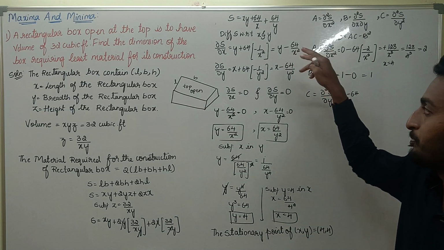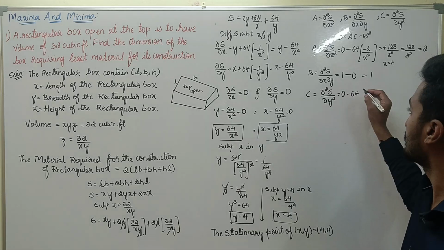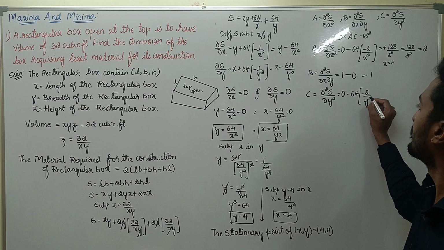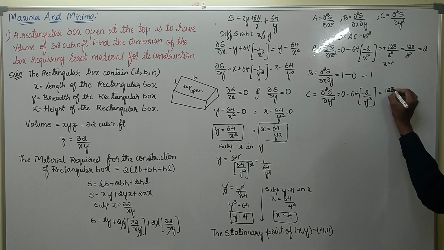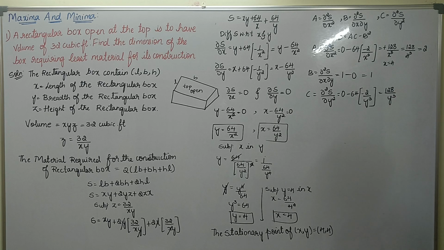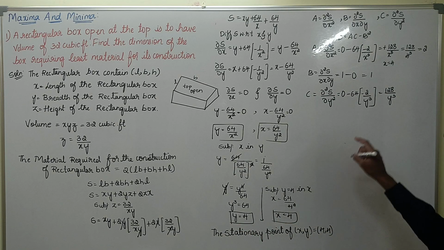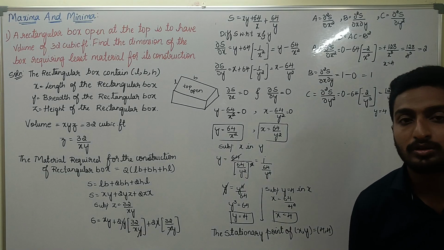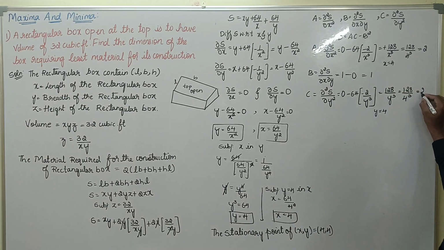Similarly, as we simplified 1 by x squared, we represent 1 by y squared, that is minus 2 by y cube, which is equal to 128 divided by y cube. Since the stationary point is y equal to 4, we get 128 divided by 4 cube, which is 64. 128 divided by 64 is equal to 2.